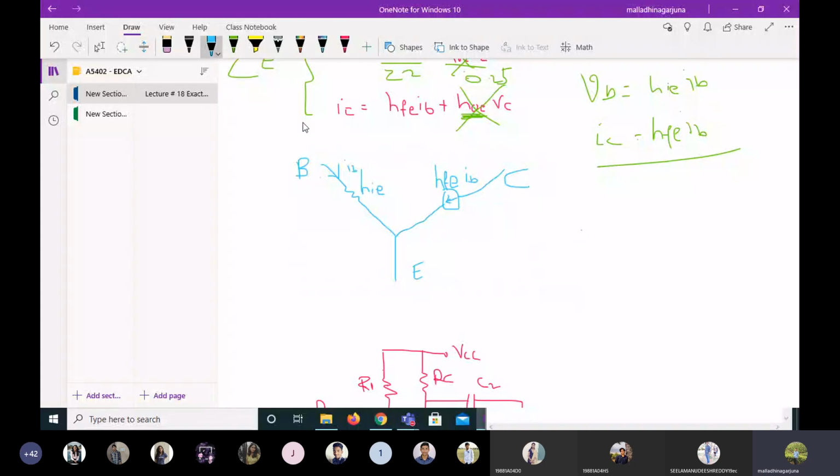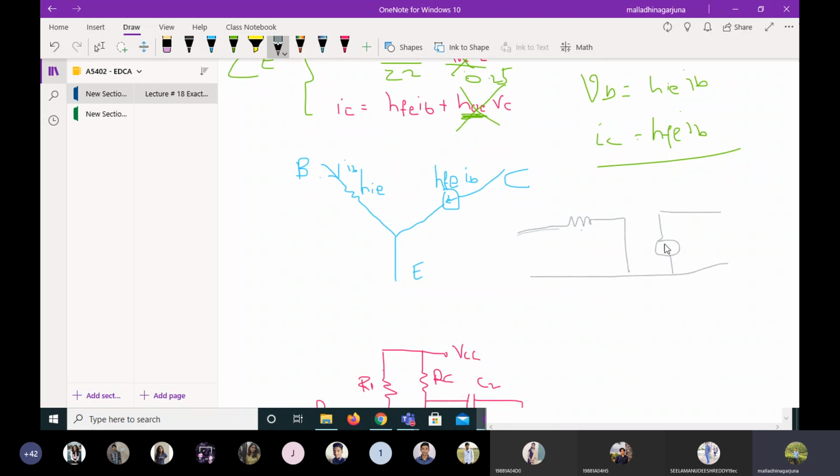Simply I can draw like this. HIE, there is no HRE, that is 0, and this is the HFE parameter, HFE IB.